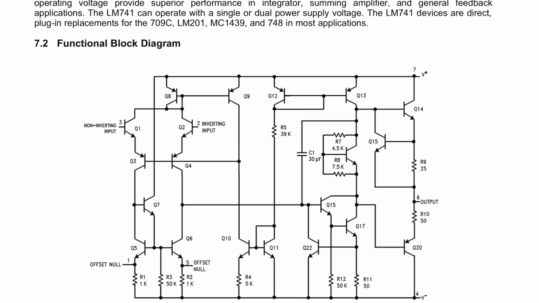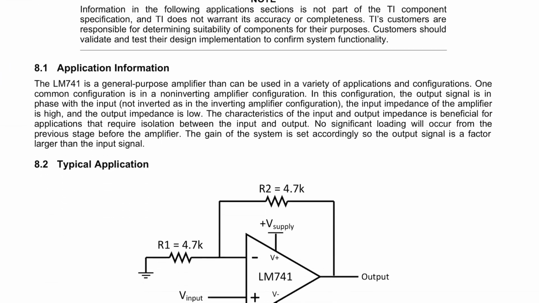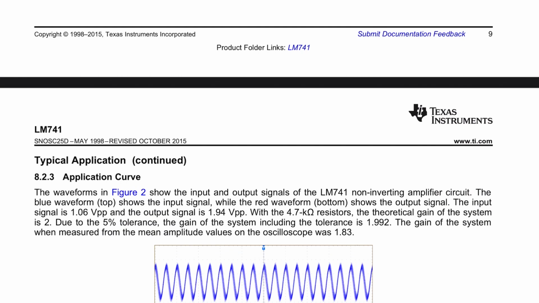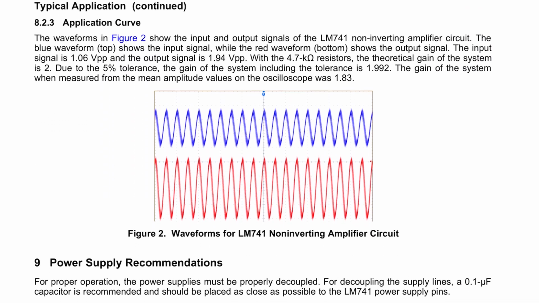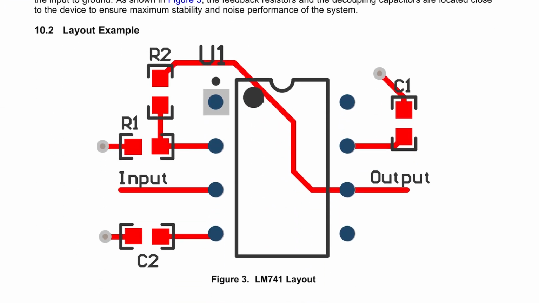Once the amplifier is done, you don't have to go inside the amplifier, because it will behave as a black box, as a model, the same way every time it's used. Then there are waveforms when the amplifier is used, and then generally there is some kind of layout example that is specified.